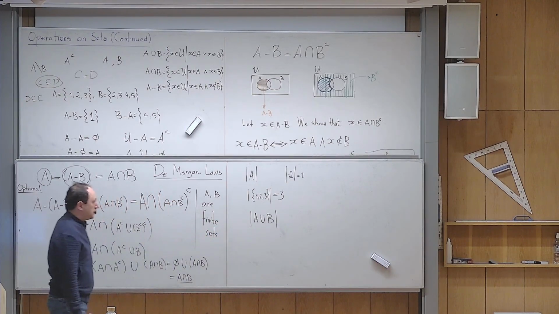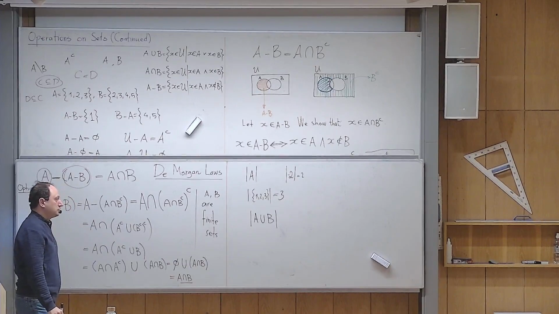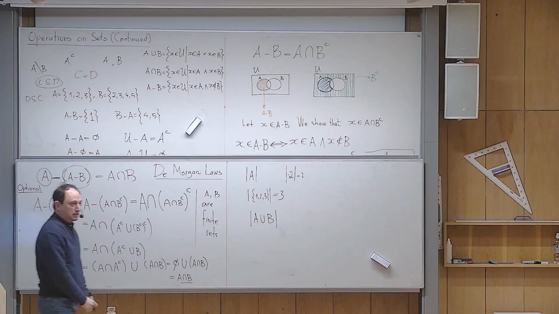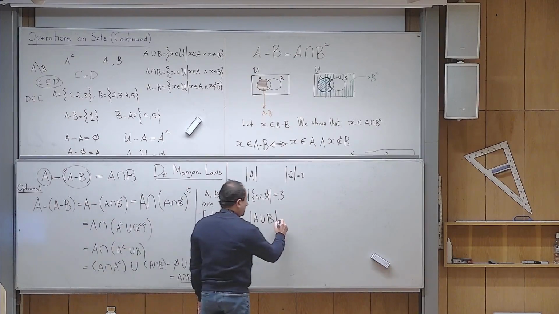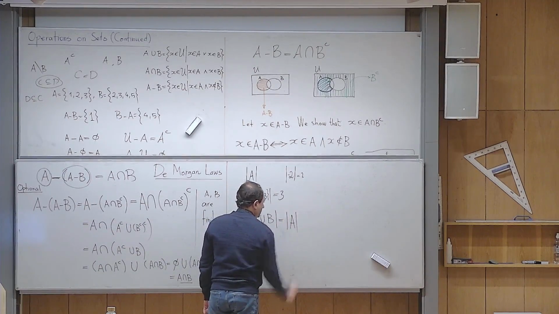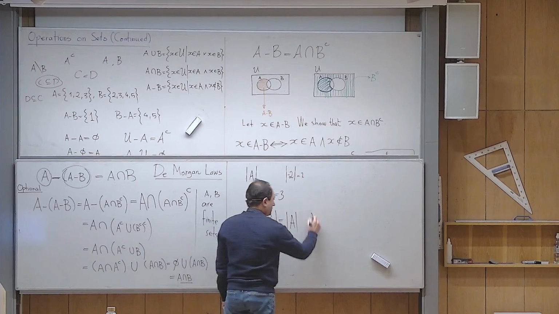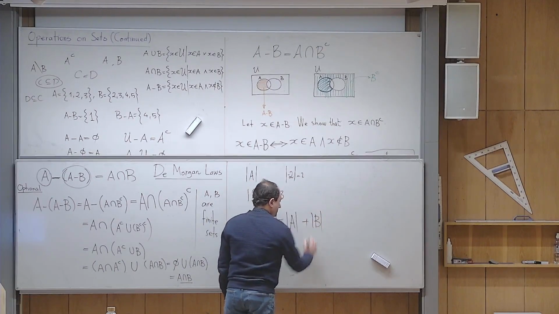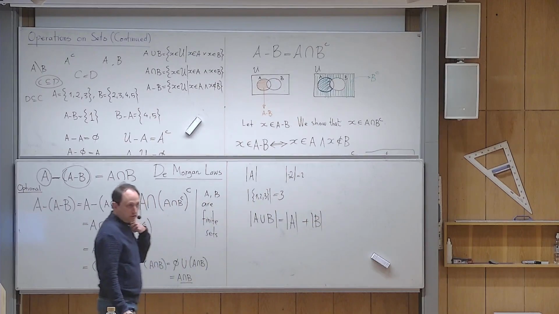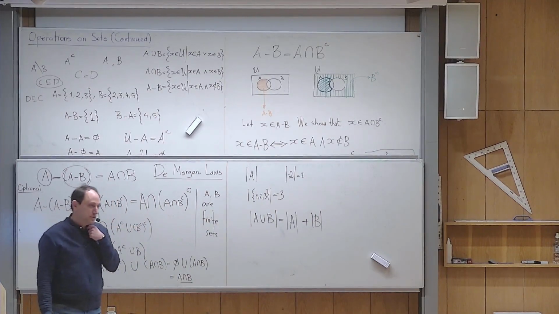We want to find a relation for the cardinality of the union of two sets. The first impression might be that I count the number of elements in A, I count the number of elements in B and add them. Do you think this formula is correct? Yes? No? It might be wrong.